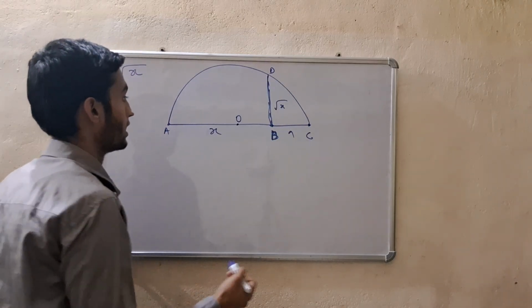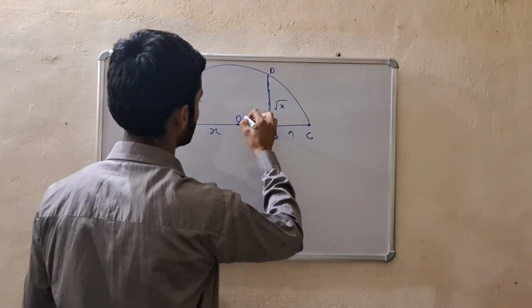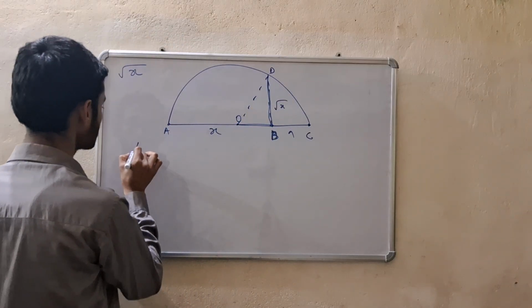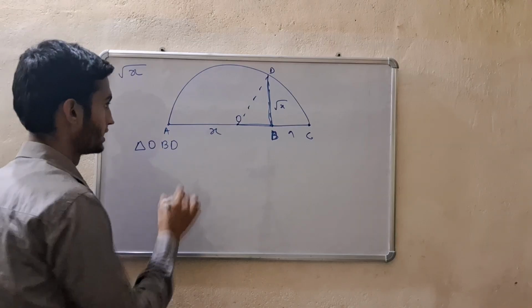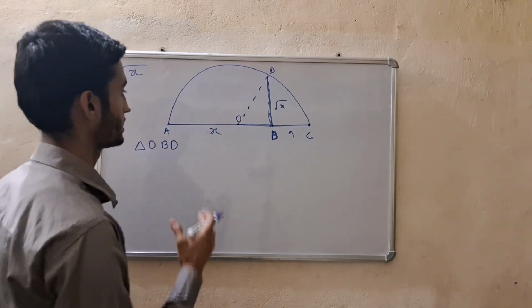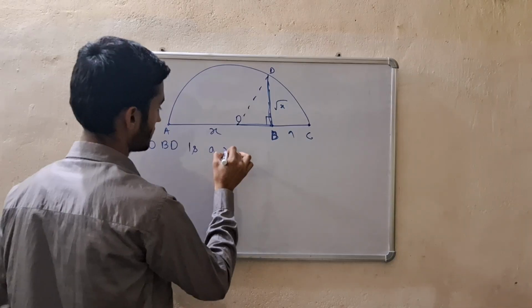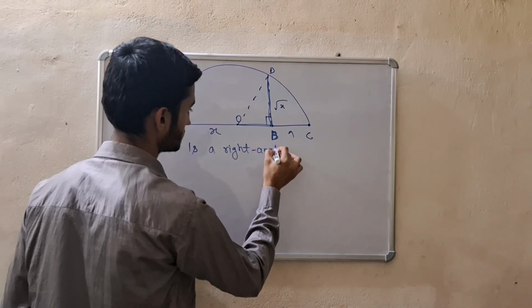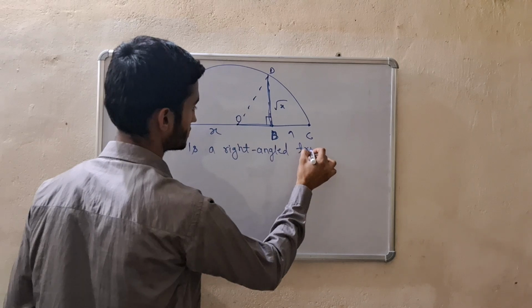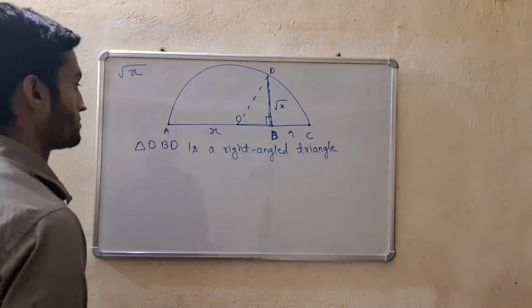Let's see why it is so. Let's look at triangle OBD. This triangle OBD, as you can see, is a right angle triangle. Why?